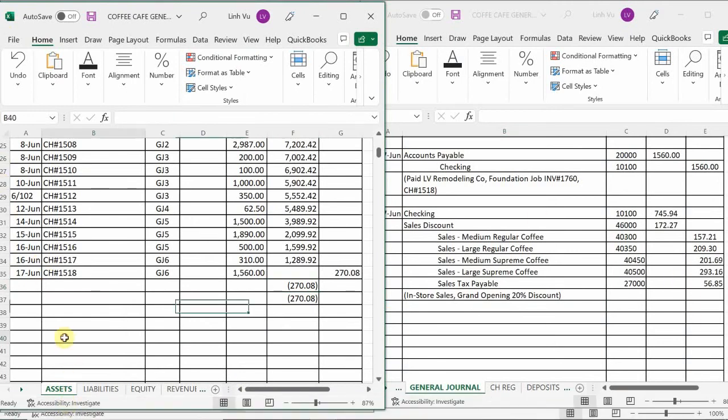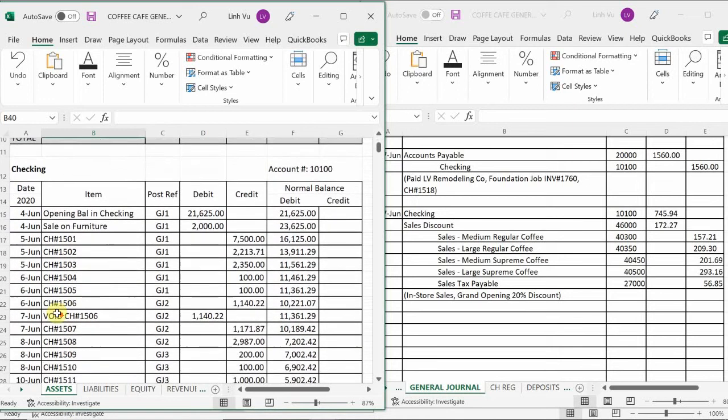So in this case, starting with the first one, my checking account.